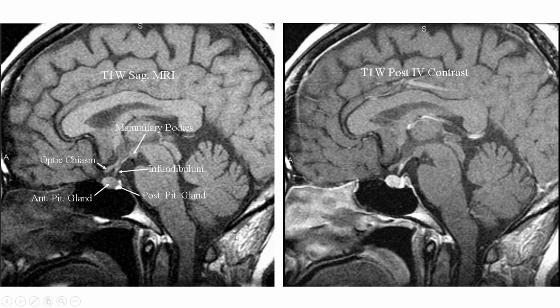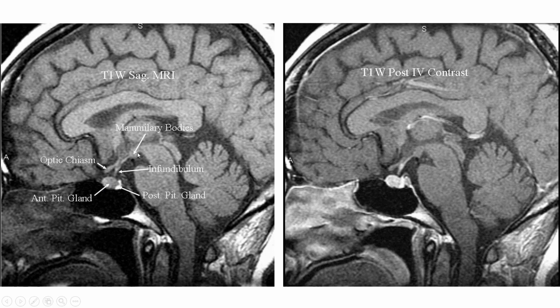So here are two T1 weighted MRI scans, sagittal midline scans. The one on the left is without contrast and the one on the right is with contrast. Anterior side of the patient here, posterior, superior at the top. So you take a look at the pituitary gland, and without contrast, the posterior or neurohypophysis portion of the pituitary gland is normally bright, but the anterior portion is not.